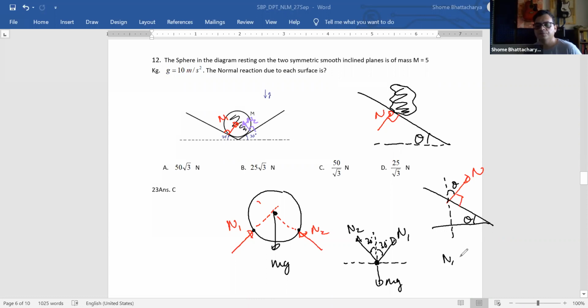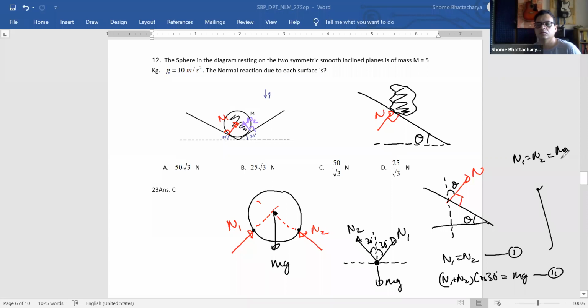Whether you do resolution of forces or use Lami's theorem, you will find that first of all N1 is equal to N2. You can see that by balancing the horizontal components. Then N1 plus N2 times cos 30 is equal to Mg. So from this you get N1 equals N2 equals Mg by 2 cos 30, which becomes Mg by root 3.